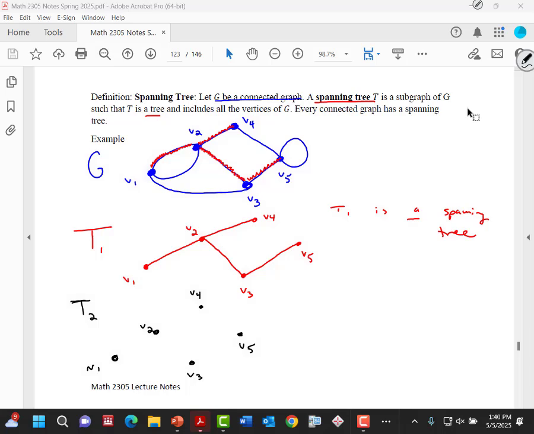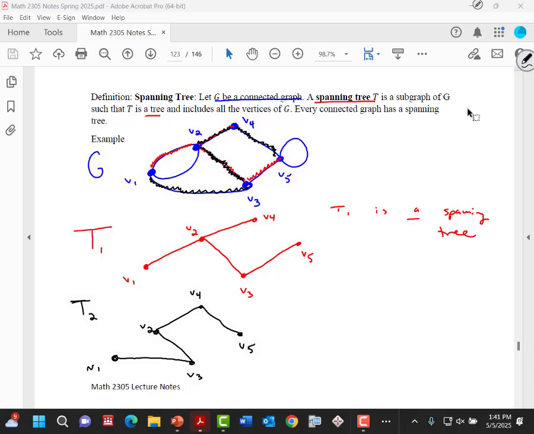What if I took this edge from V1 to V3, and then I took perhaps this edge from V3 to V2, and then this edge from V2 to V4, and then lastly, this edge from V4 to V5.